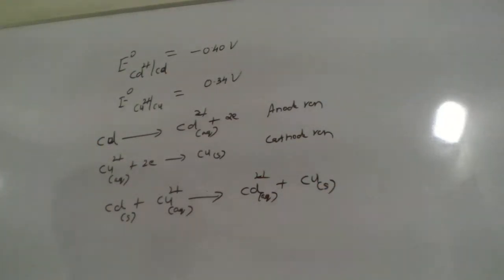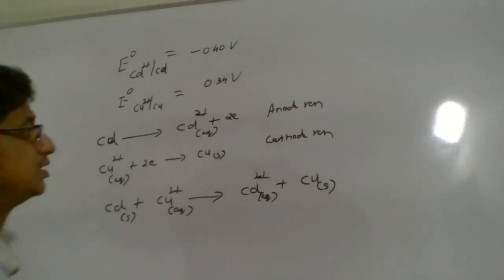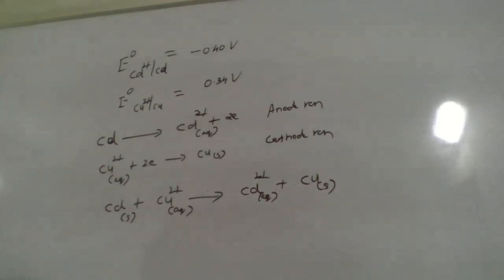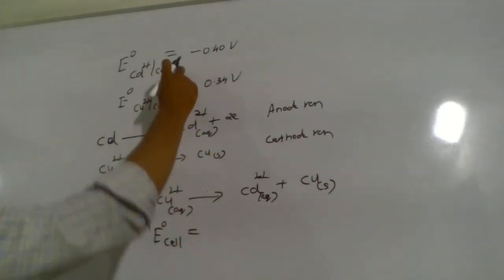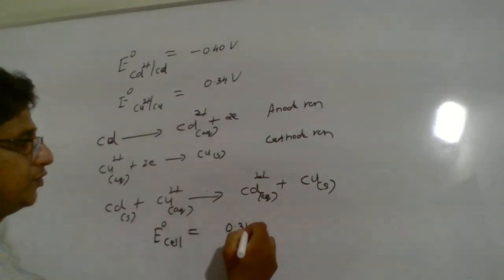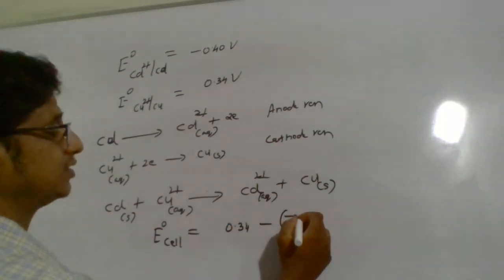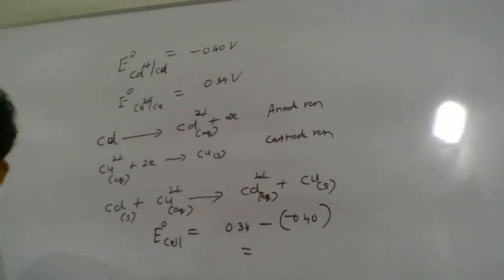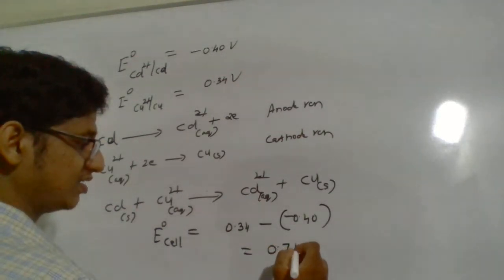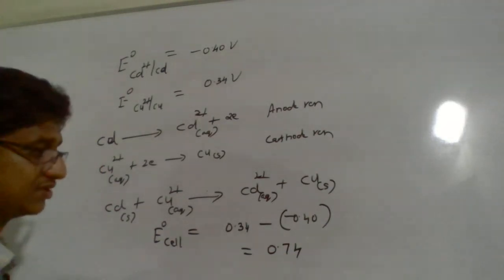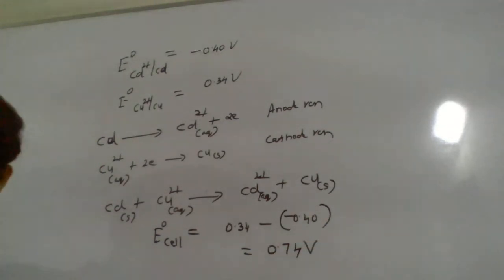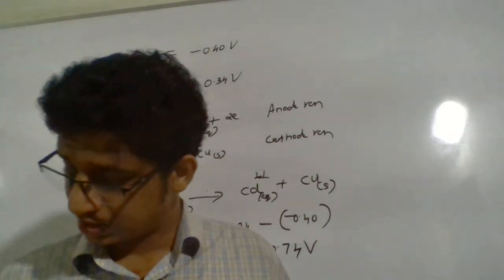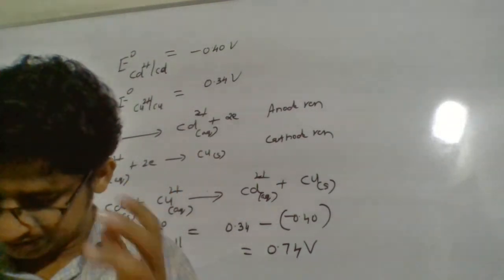Now apply the next equation. First you can find E0 cell, which is equal to E0 cathode minus E0 anode. So 0.34 minus minus 0.40, which means this will be plus. So the net value will be 0.74 volt. They ask you to find the standard EMF of the cell only.